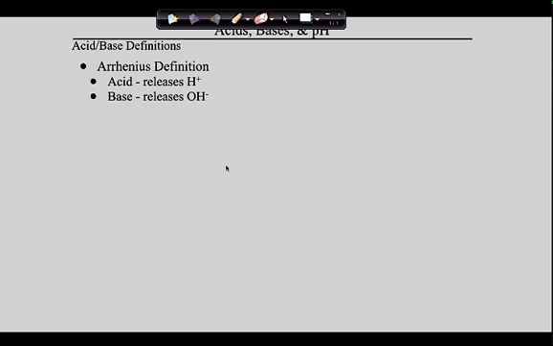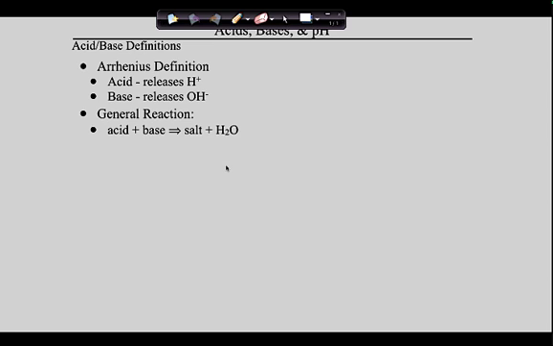So guys, when an acid releases a hydrogen and a base releases an OH, we've already talked about it: what do the H and the OH make? Water. So this is what the general reaction looks like. You take an acid, you take a base.